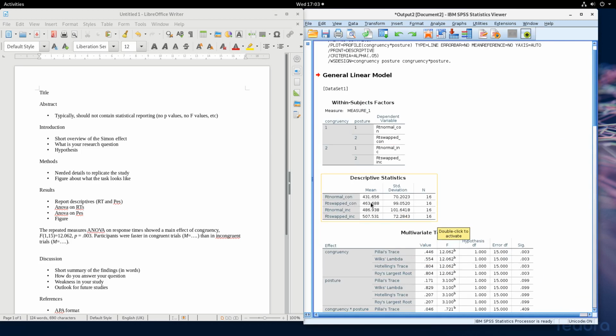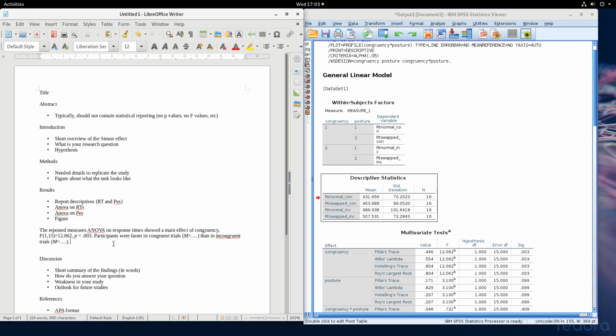So it is the average of 431 and 463, and that number would be entered here. And for incongruent, you would take the average of these two, 507 and 486, and you would enter that. That is basically all you need to report this.